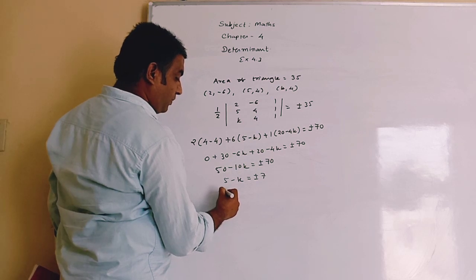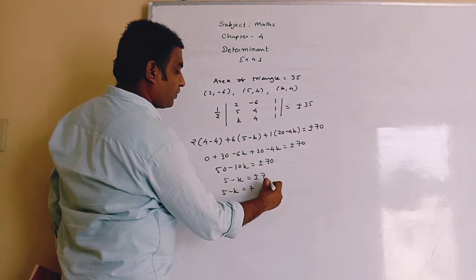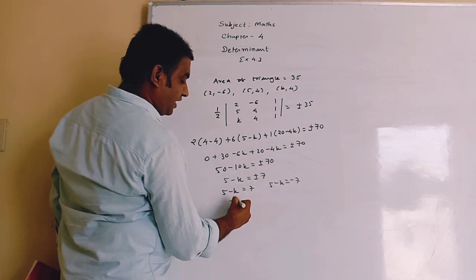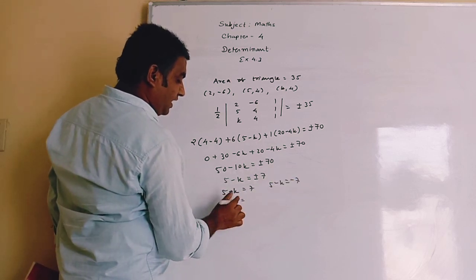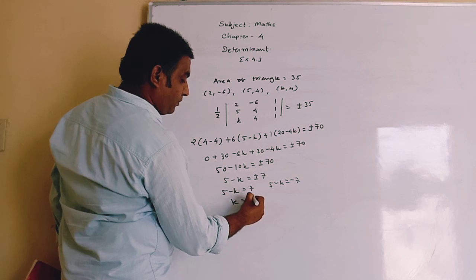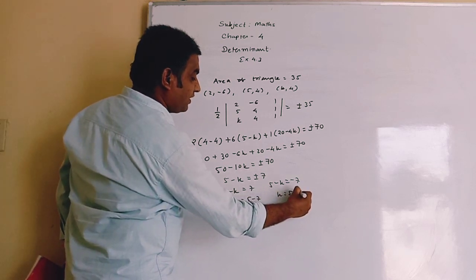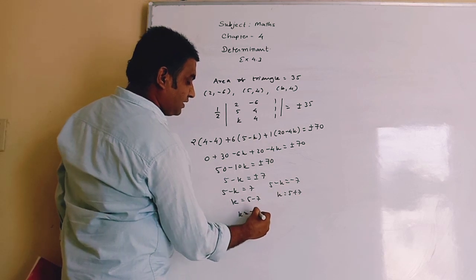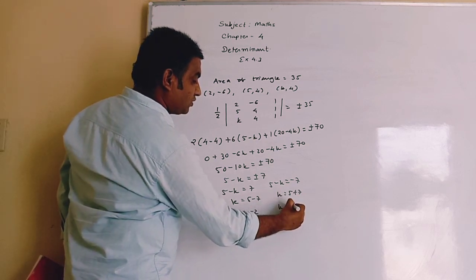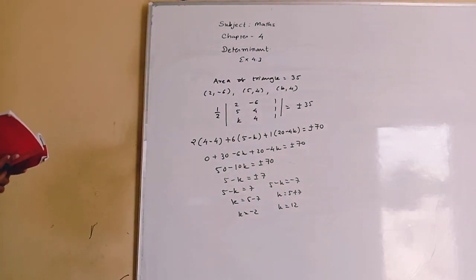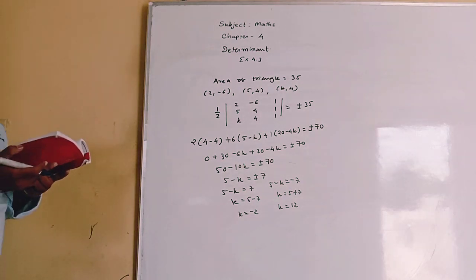So 5 minus k equals 7 or 5 minus k equals minus 7. So k equals 5 minus 7 and k equals 5 plus 7. So k equals minus 2 or k equals 12. So the values are minus 2 and 12.